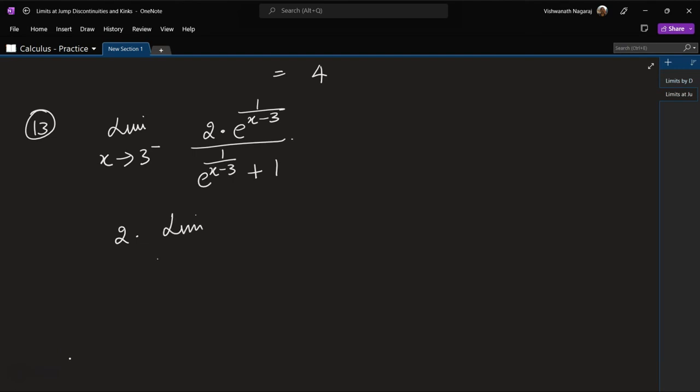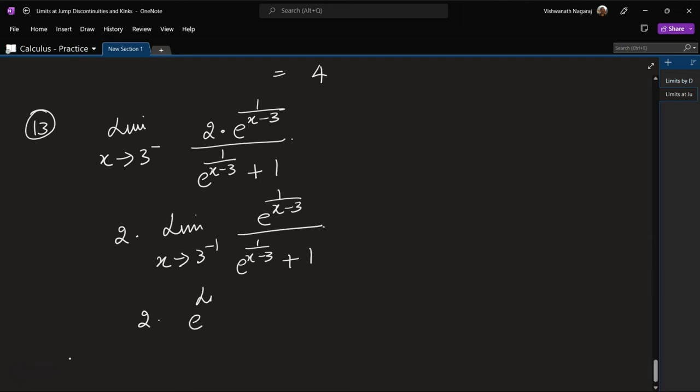So limit as x approaches 3 of e to the power of 1 by x minus 3 by e to the power of 1 by x minus 3 plus 1. Now e itself is a constant. So which means we can write it like this. E to the power of limit as x approaches 3 from the negative side. This should not be 1, force of habit. Okay.